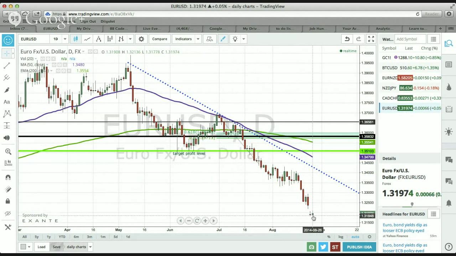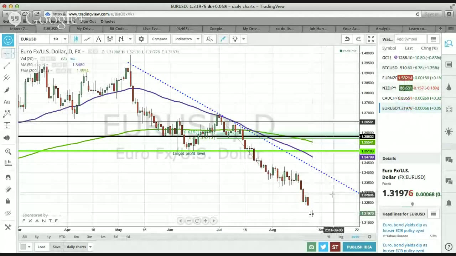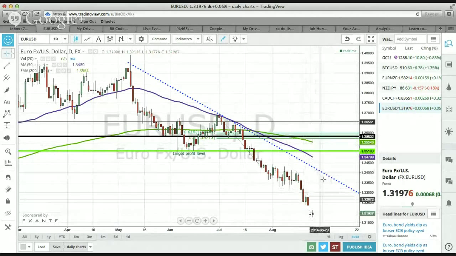So I was actually tempted to put on a long order here on euro dollar. However, this isn't really my preferred style of trading. I'm much more interested in letting a rally play out, and if price can reach, for instance, 3,400 right around here, maybe that'd be a good level to short from.